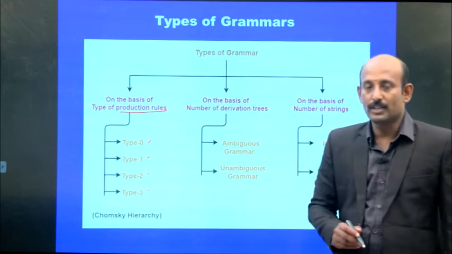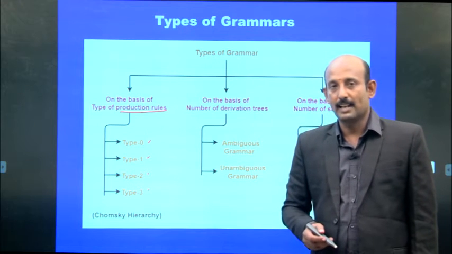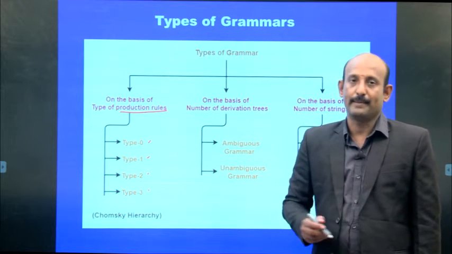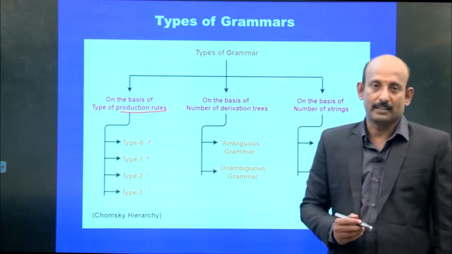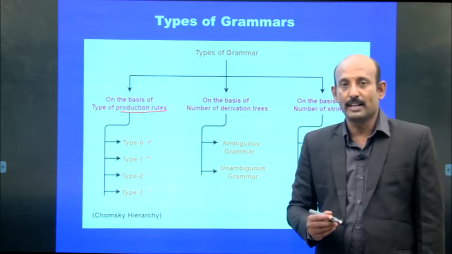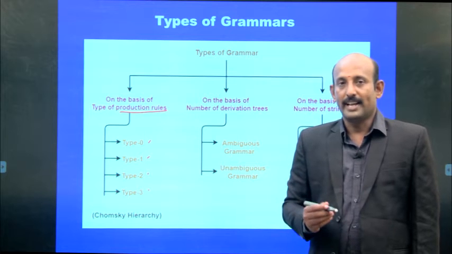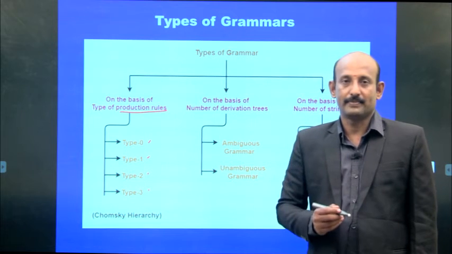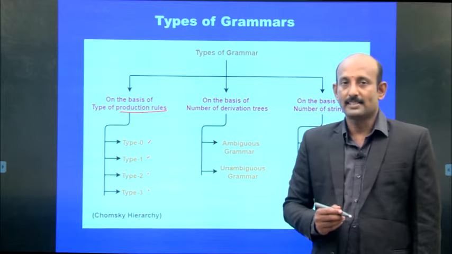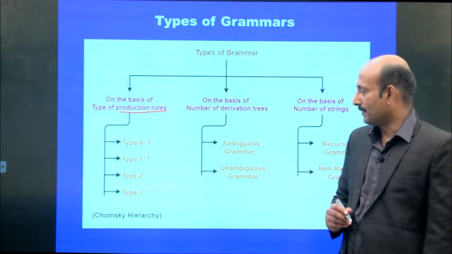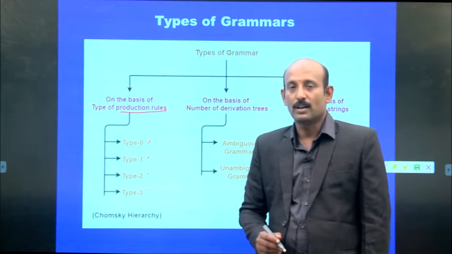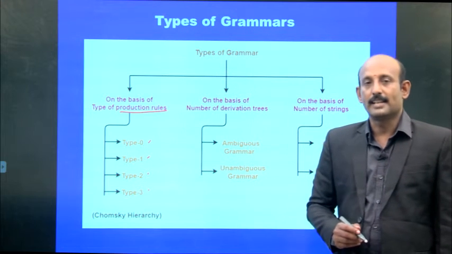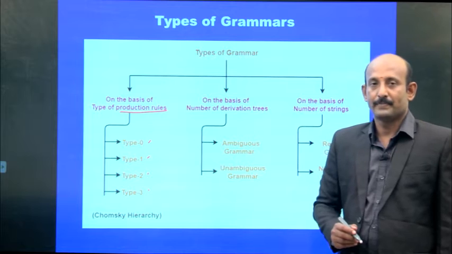Based on the production rule, we can classify this grammar into four types. So, type 0 grammar or phrase structured grammar. Next, type 1 grammar or context sensitive grammar.